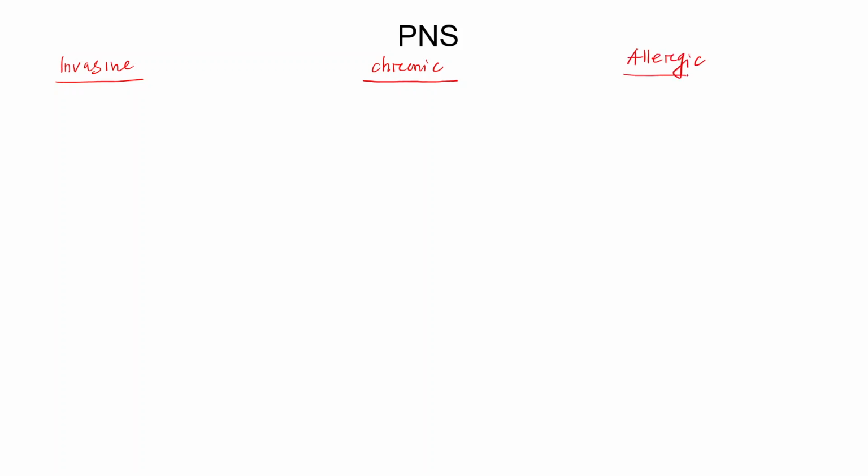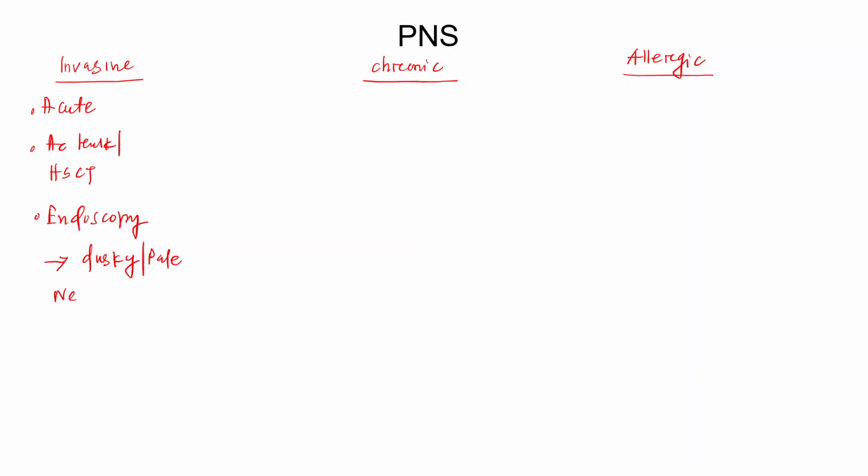Invasive is acute, mostly seen in cases of acute leukemia, or patients with hematopoietic stem cell transplantation, or patients on chemotherapy. If you do nasal endoscopy, you will get dusky or pale necrotic material.